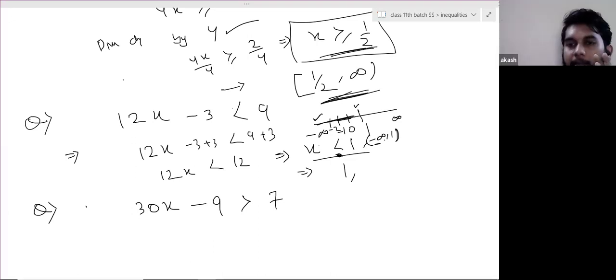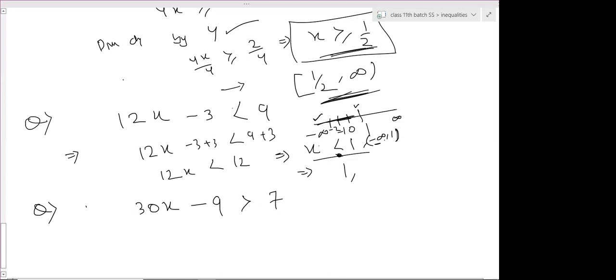Iram, Fahad, this is clear? Yes, sir. All right. So solve this next one: 30x minus 9 is greater than 7. Send me the answer in chat in interval form.